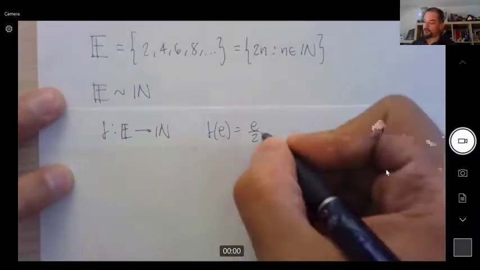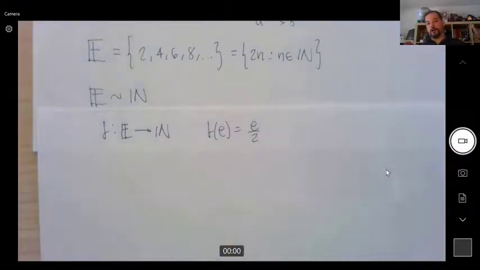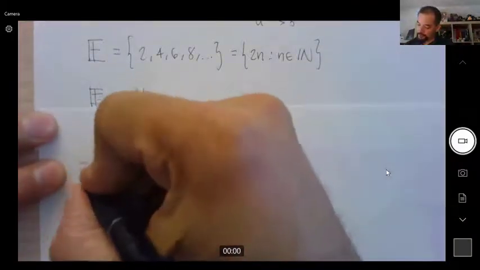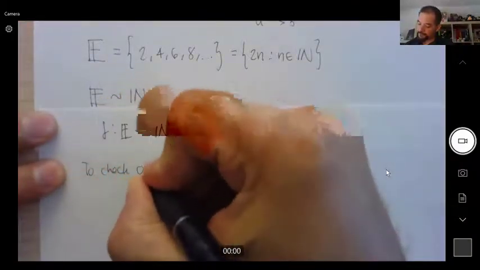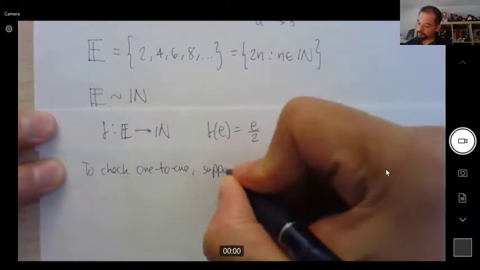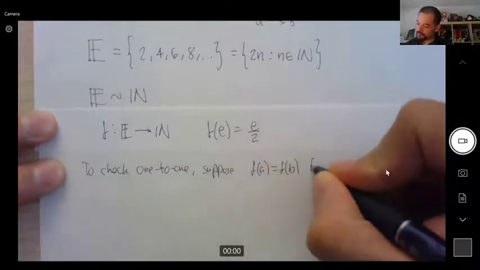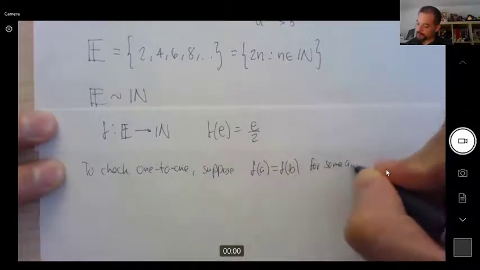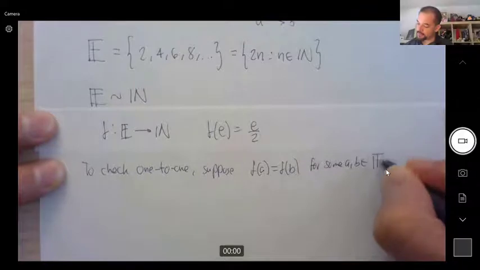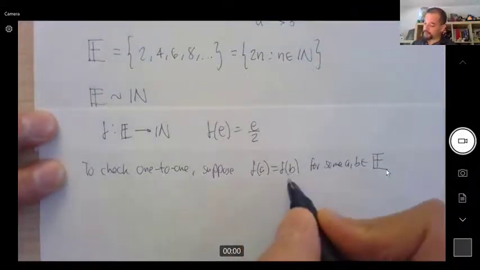To check one-to-one, usually what one does is suppose two arrows go to the same place and get a contradiction. So to check one-to-one, suppose f of a equals f of b for some a and b in the even set, and try to get a contradiction. Well, how do we get a contradiction?